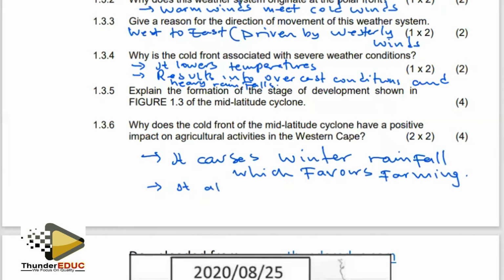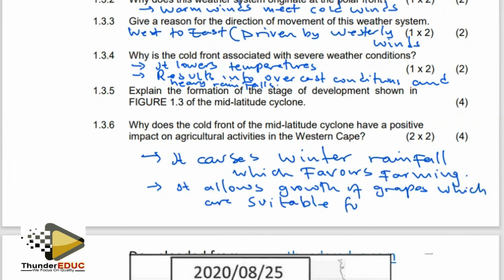It allows growth of crops which are suitable for cold conditions. Okay.